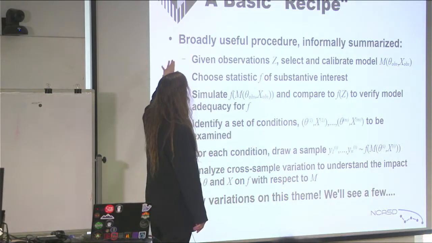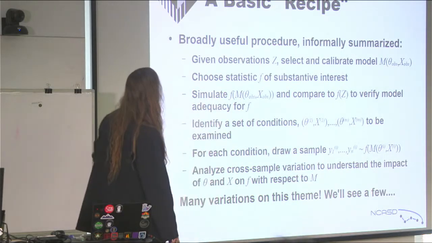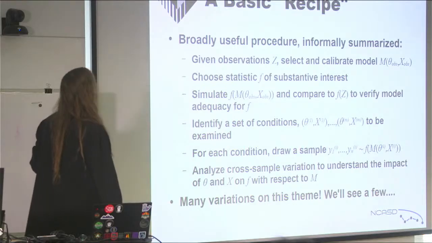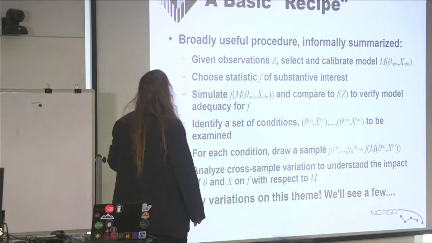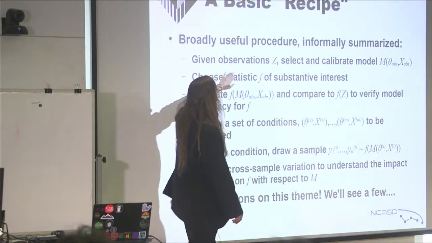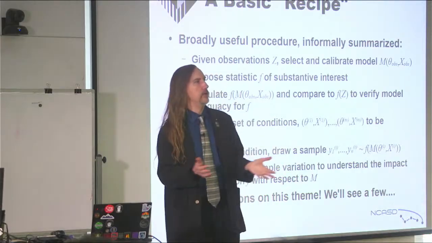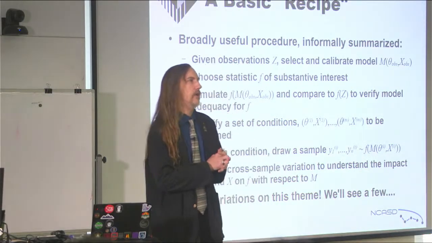Here's a broadly useful procedure for thinking about many kinds of in silico experiments, informally summarized. I'm going to start with some kind of data, and I'm going to represent that by Z here. That represents my observations. Maybe you went into a classroom and you have who talked to whom over some period of time.